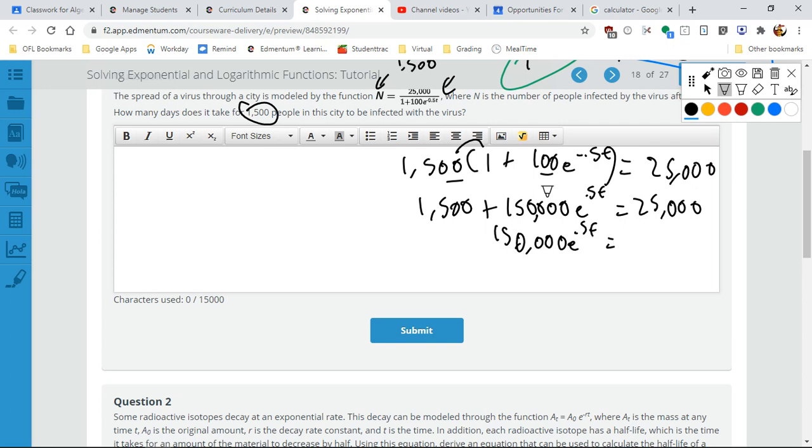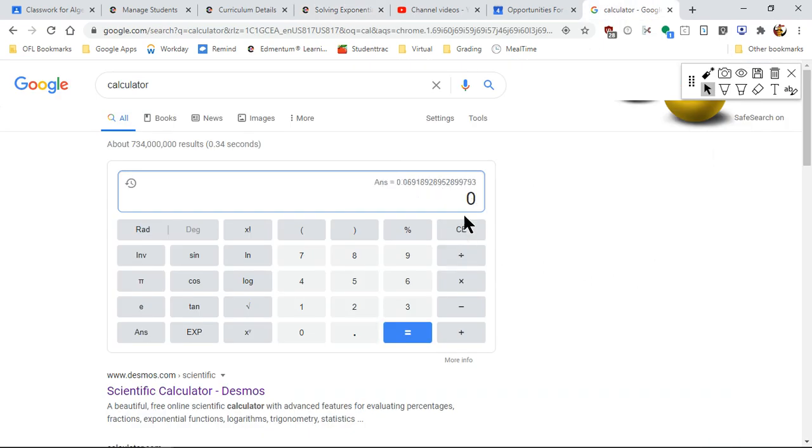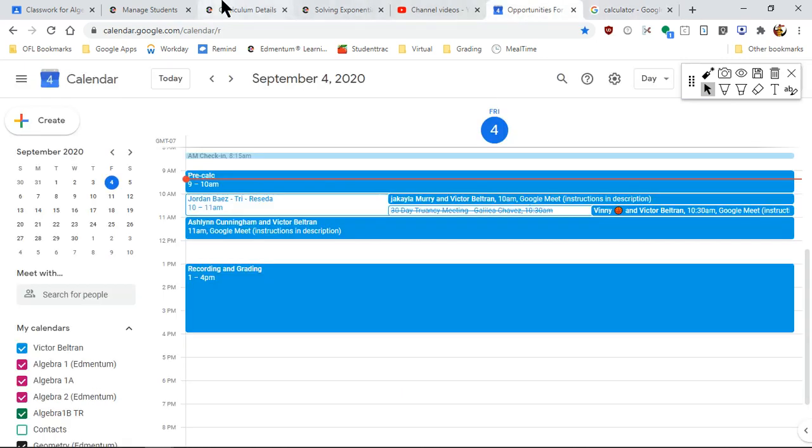e^(-0.5t) equals, once we subtract that, I want to say it's 23,500. 25,000 minus 1,500 is 23,500.